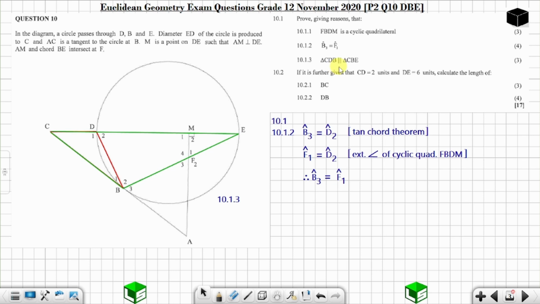So we are going to work in triangle CDB and triangle CBE.